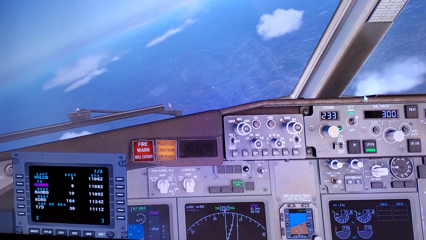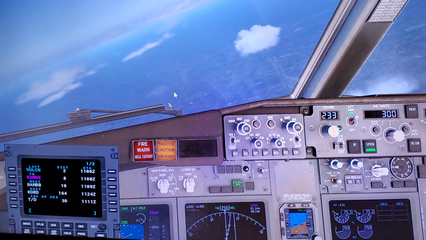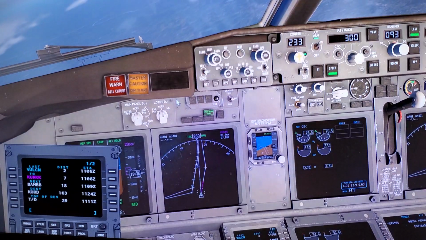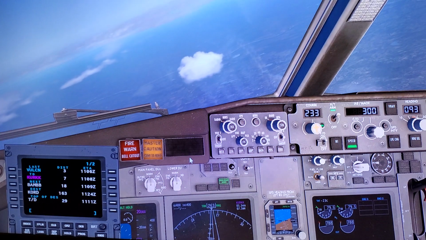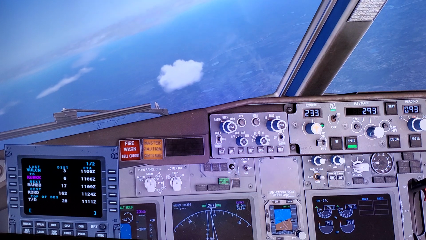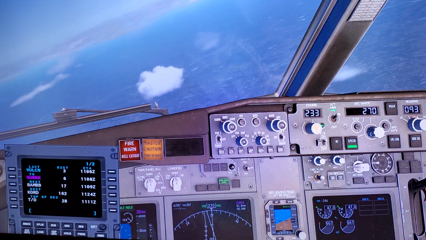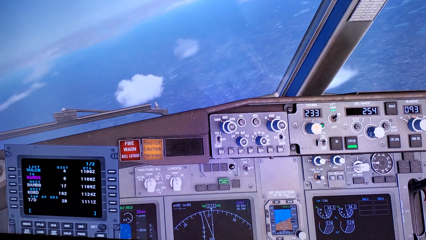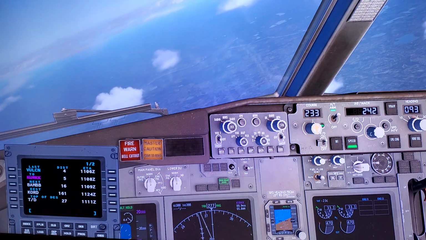As I have 30 nautical miles above the distance, we still continue, but I start to reduce the speed to 240 before I start the descent, because when you start descent you're going to increase the speed.